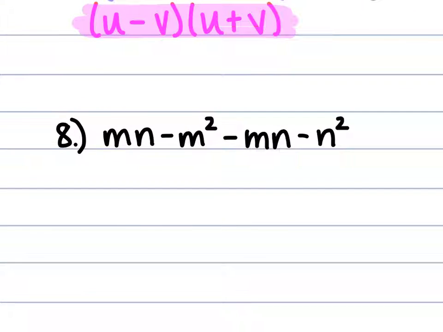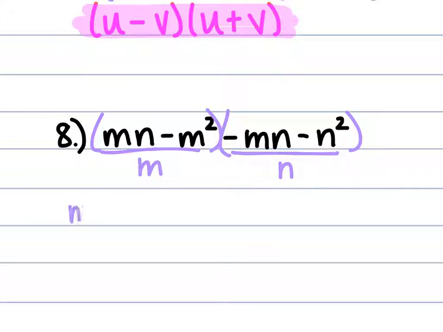For 8, we have mn minus m squared minus mn minus n squared. So again, I'm going to put parentheses around the first two, put parentheses around the last two, factor out an m from the first, factoring out an n from the second.